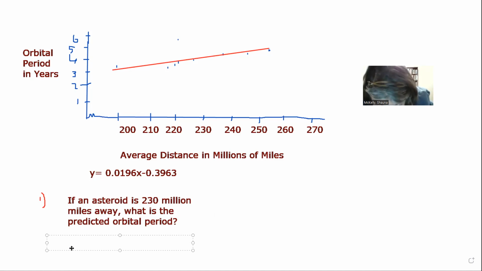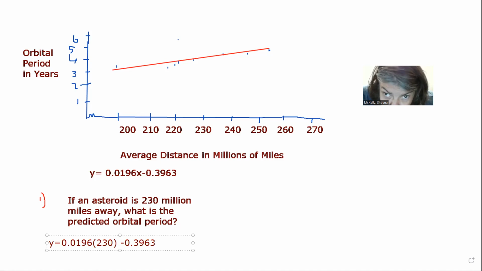So we're going to put y equals 0.0196 times 230 minus 0.3963 into our calculator.